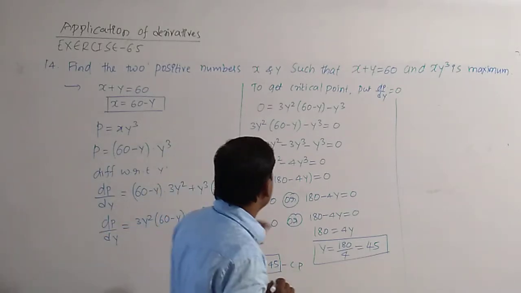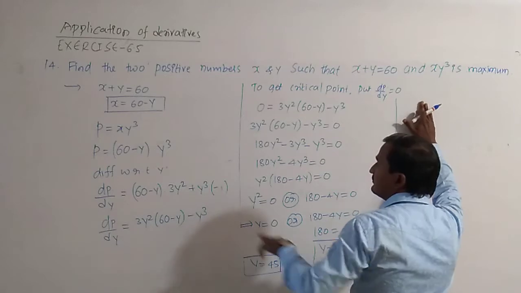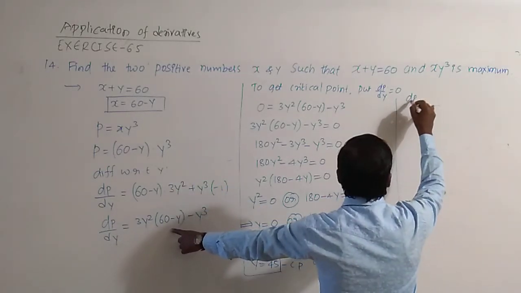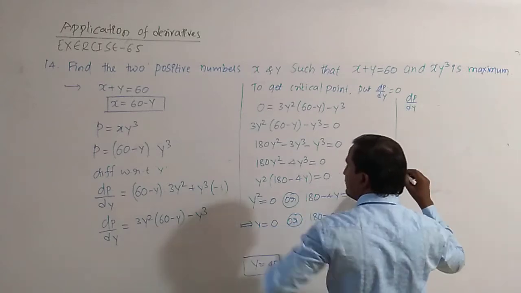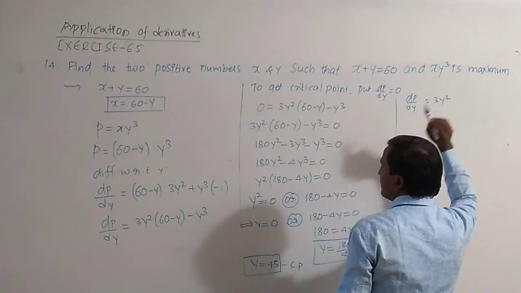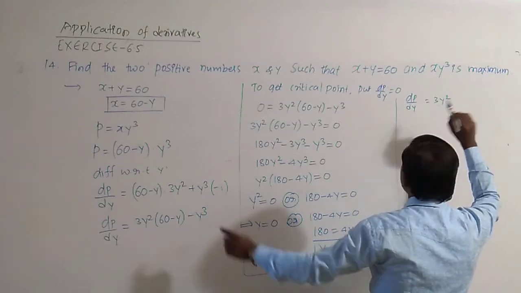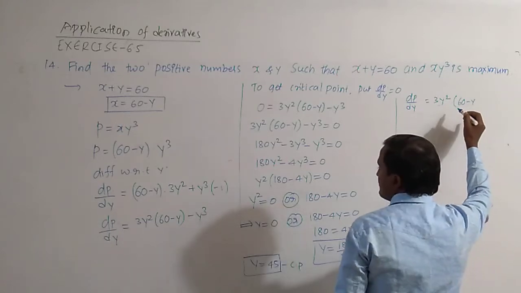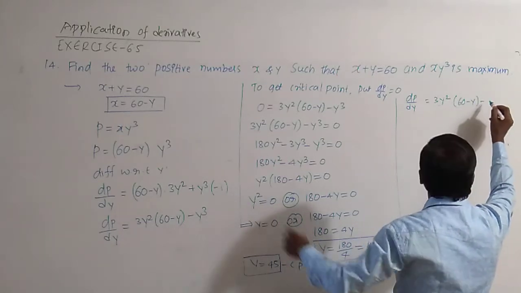So for this we will take the second derivative. The first derivative, the one they have given, is dP upon dy equal to 3y square into 60 minus y, minus y cube.